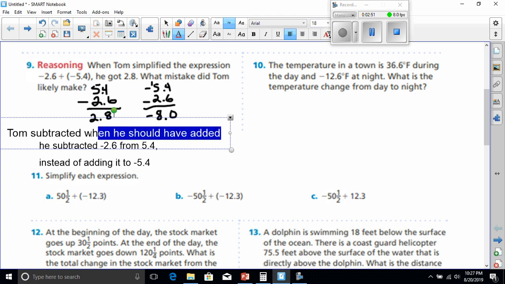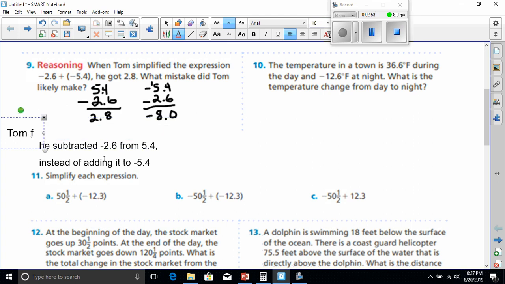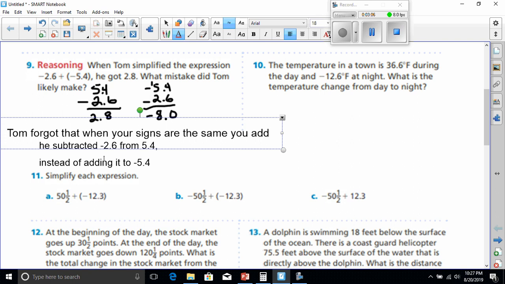That's probably a better answer. Tom forgot that when your signs are the same, you add the numbers and keep the sign.